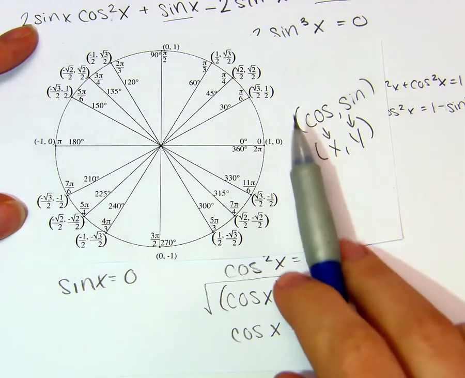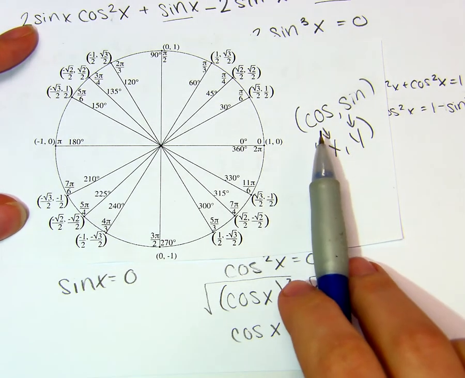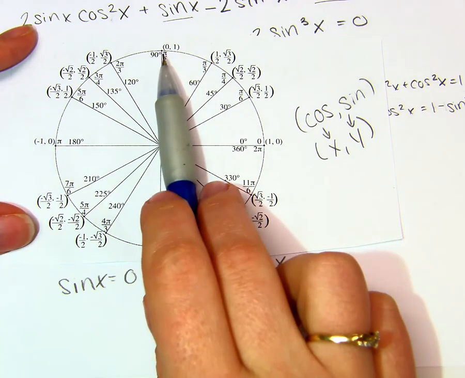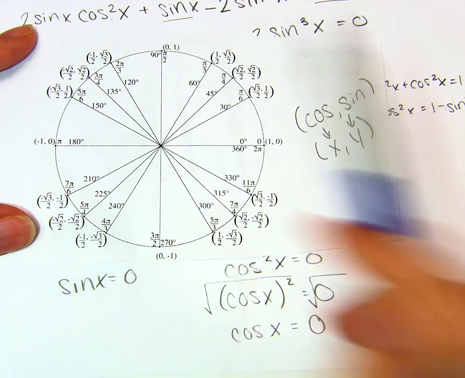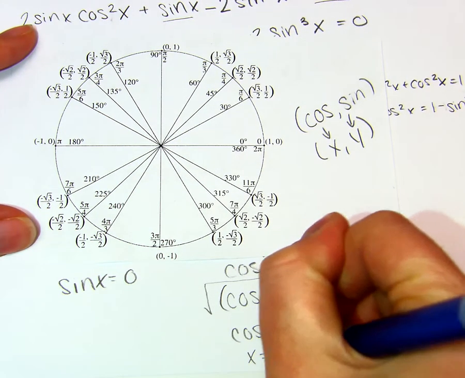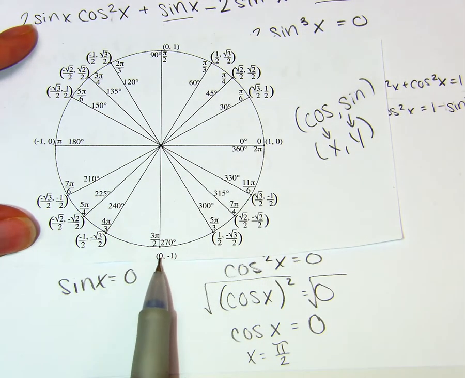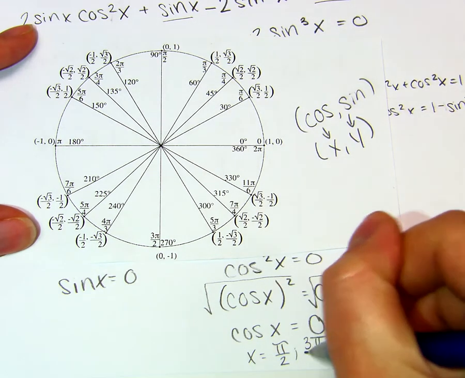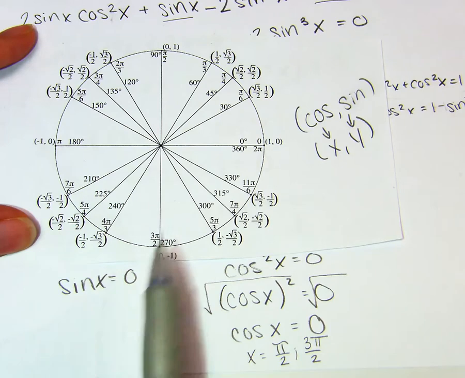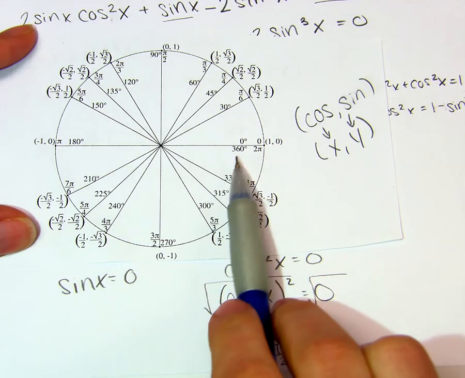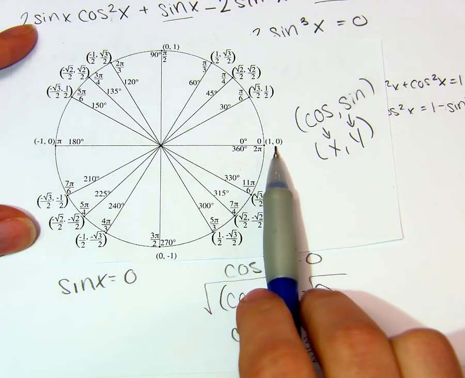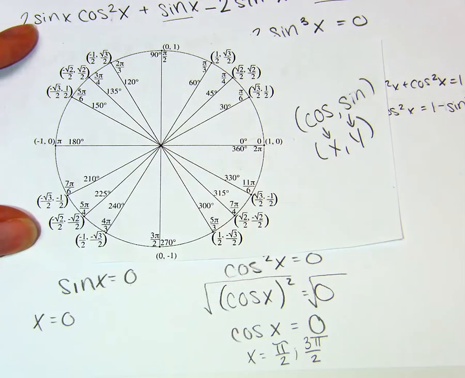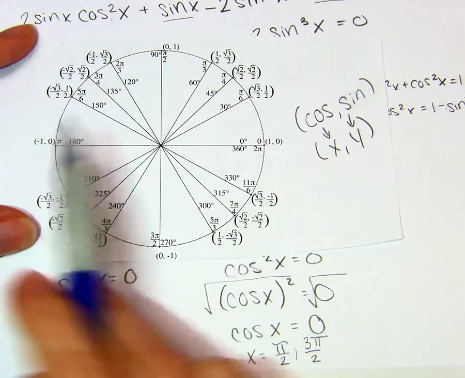So if I'm looking for when cosine is 0, I would have pi over 2. So x is going to equal pi over 2. And I also have cosine 0 at 3 pi over 2. Then I want to find when sine is 0. So sine is 0 at 0. So x is 0. And it's also 0 at pi.